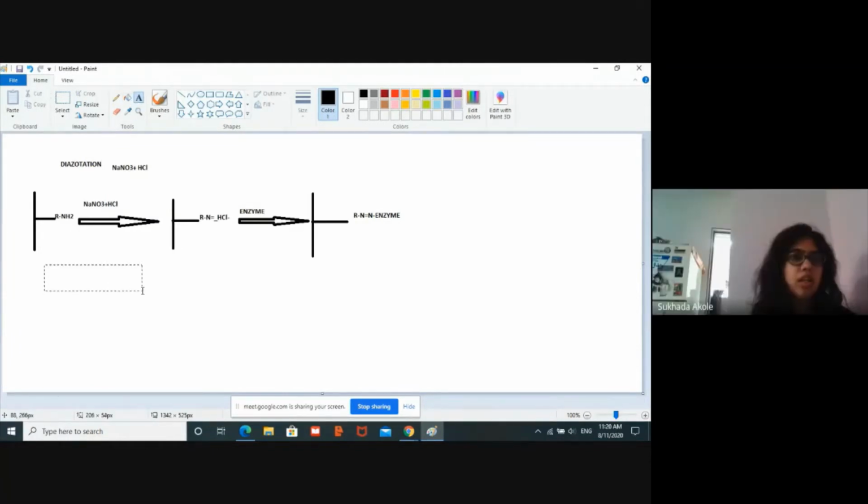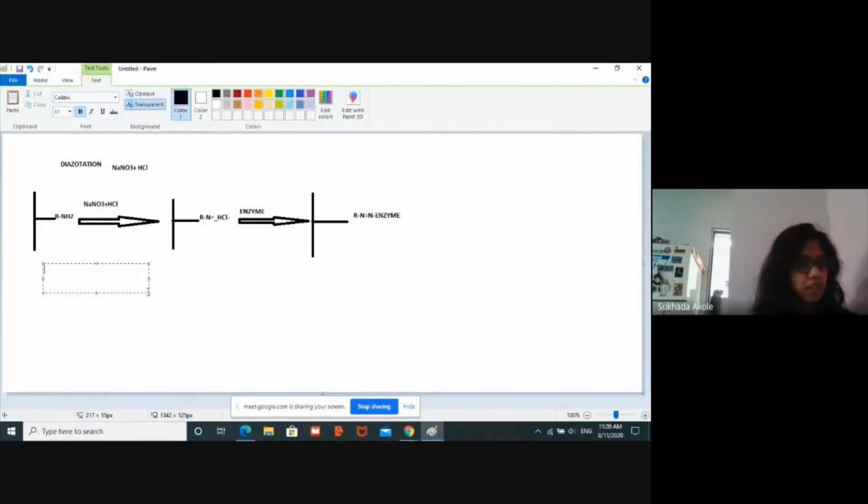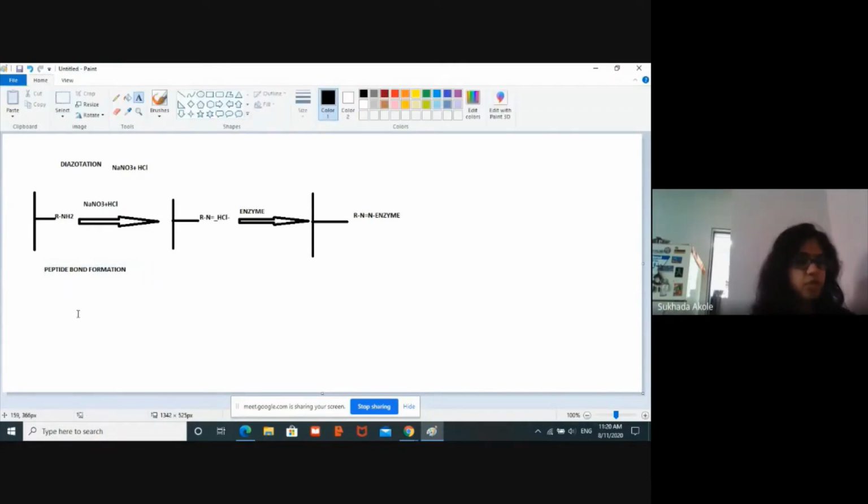Okay. The next reaction is peptide bond formation. So what we are going to do is we are going to form peptide bonds. Now, what category do all these kinds of bonds come under?